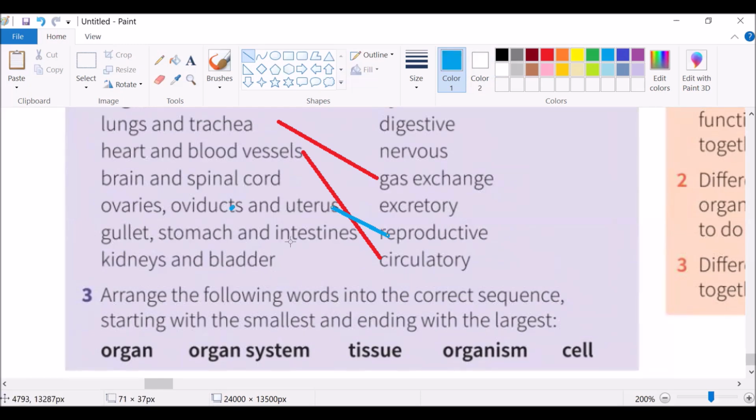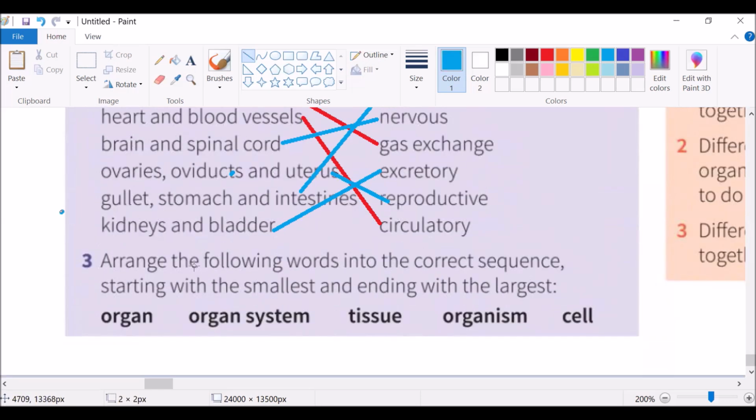Gullet, stomach, and intestines make up the digestive system. Kidneys and bladder make up the excretory system. Brain and spinal cord make up the nervous system.